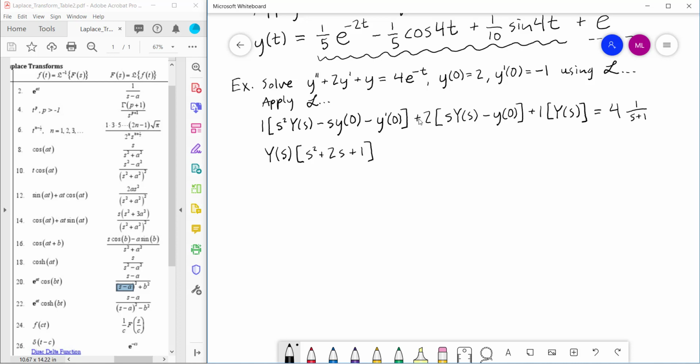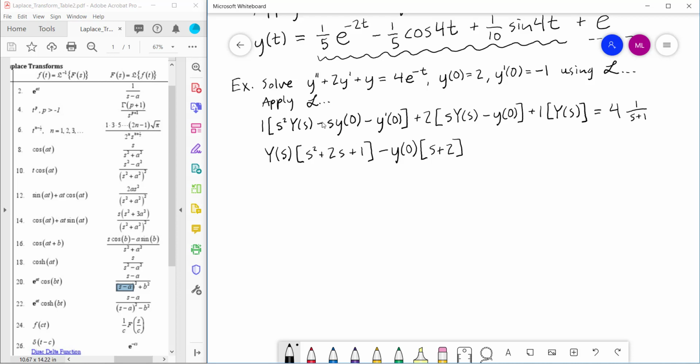And then the remaining terms are, we'll have these two y of 0s, so I'm going to get a minus y of 0 times an s and times a 2. So in this case, we're going to have an s plus 2 out of that. I already factored the minus sign out, so in this case, did I get that right?